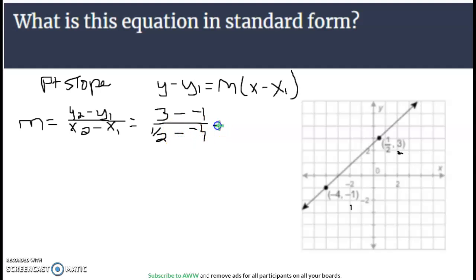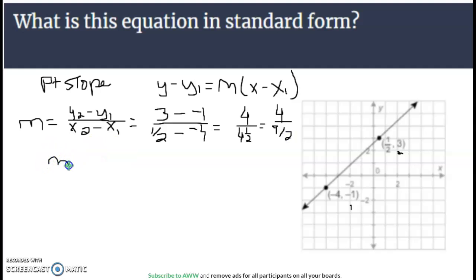Now this will be a little tricky. We've got a fraction within a fraction. Top's going to be 4 because 3 minus -1 is 4. On the bottom, we have 1/2 minus a -4, which is really 1/2 plus 4, 4 1/2. To simplify it, I'm going to write 4 1/2 as an improper fraction: 9/2.